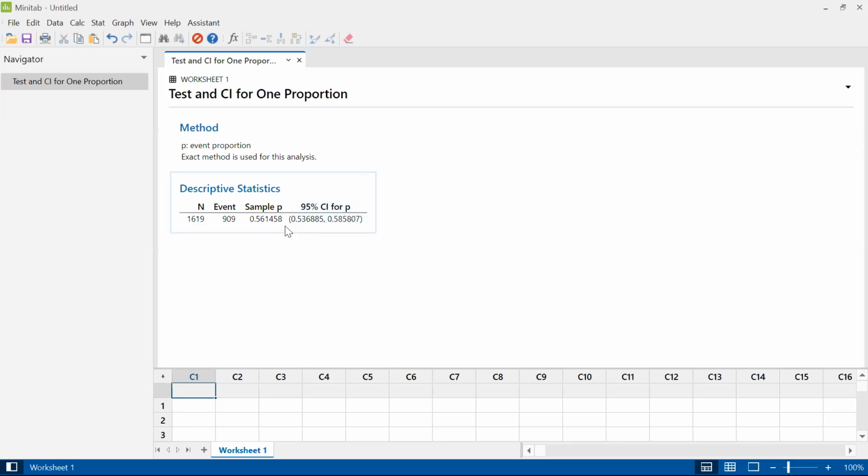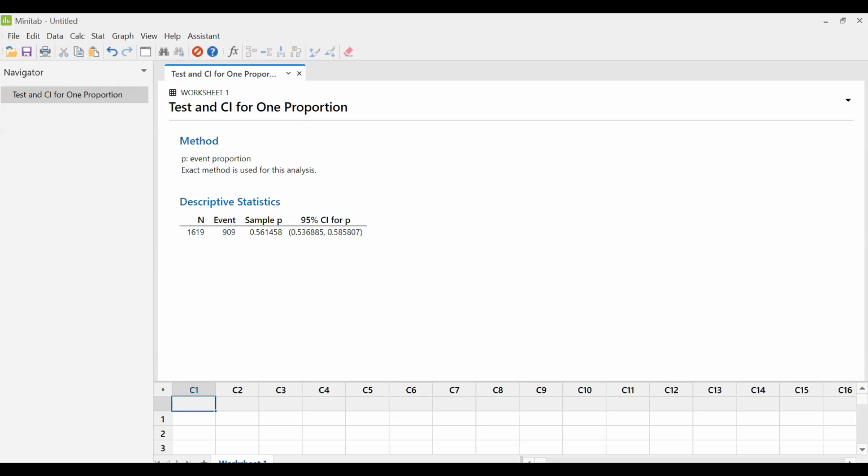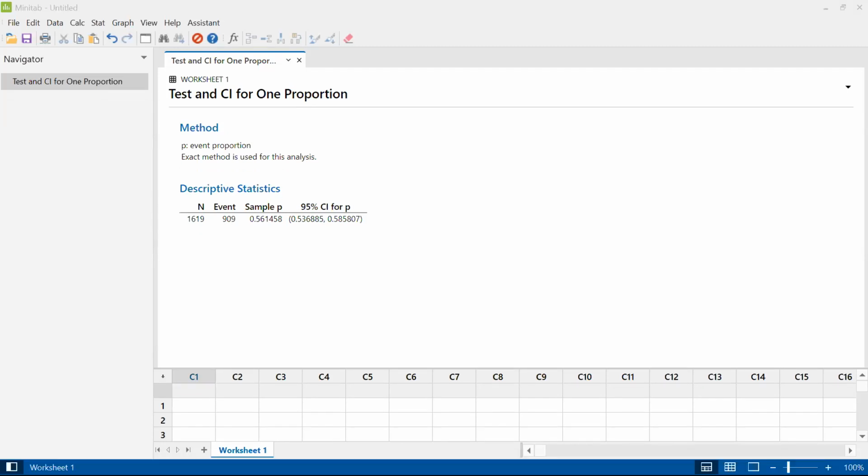There is a 95% chance that the real population proportion, the real proportion of all Pennsylvania voters who voted for Bob Casey, is between 0.536885 and 0.5858. Let me copy those into my Word document: 0.5369 and 0.5858.